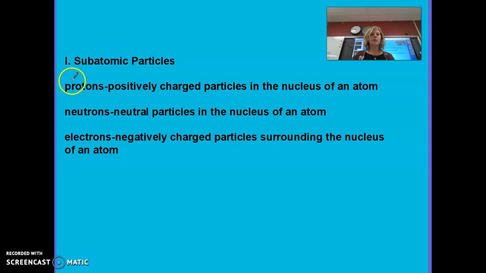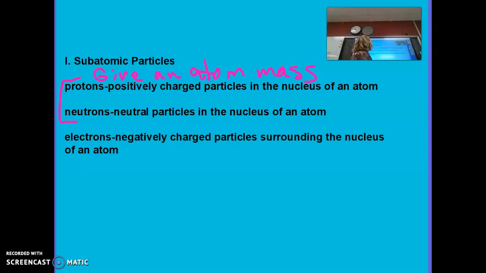Both of these, protons and neutrons, are responsible for atomic mass. Electrons are so tiny, we really don't even consider the mass when we're looking at the numbers of electrons. But protons and neutrons give an atom its mass, and that's an important property.